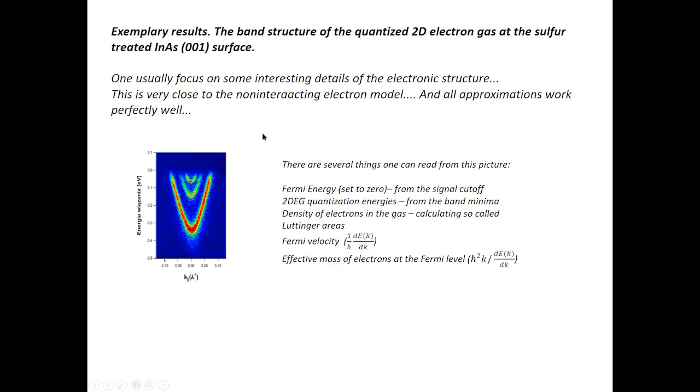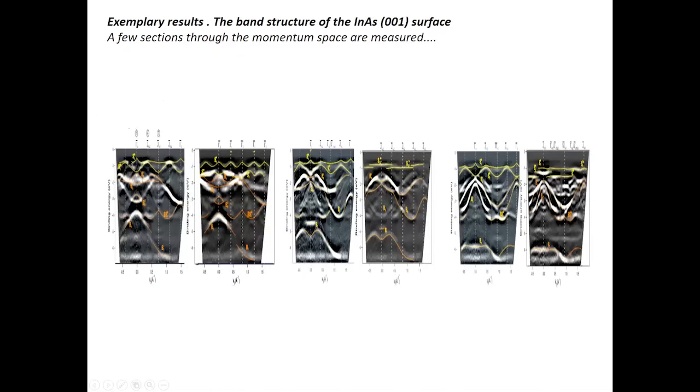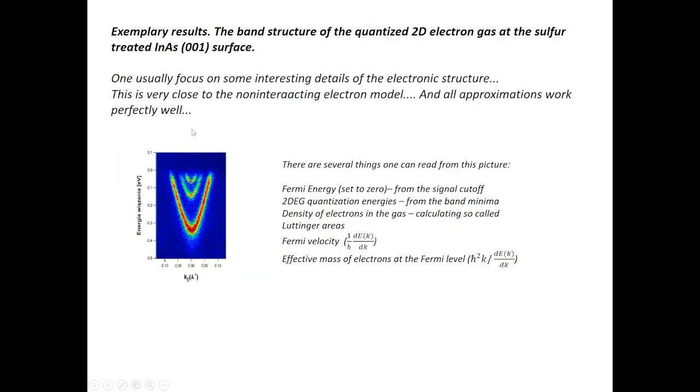But usually what you do with ARPES, you don't try to study the whole thing at once because it's impossible. Usually you focus on some interesting detail. For example, if you focus on this region here and you magnify it, we have no intensity to see it here, but if you magnify it and measure it carefully, you will see something like that.